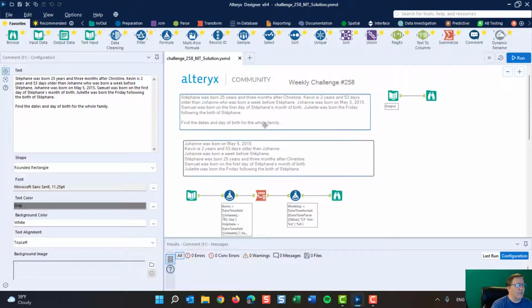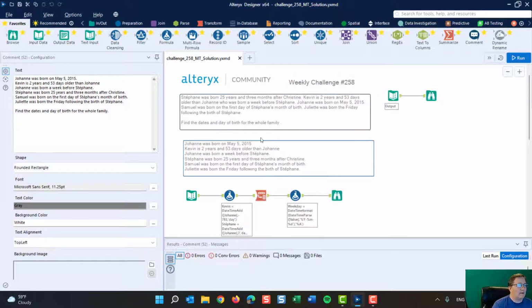Find the dates. Well, the first thing I do here is I actually copy this box and paste another one, and then I organize it. I start breaking them into each piece and say, okay, what do I know? What is the first piece of what I know?